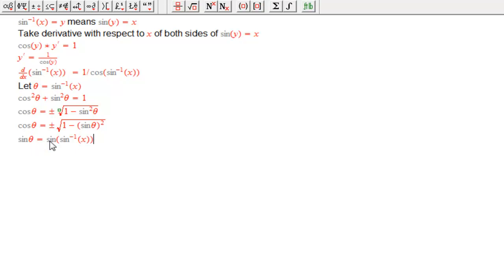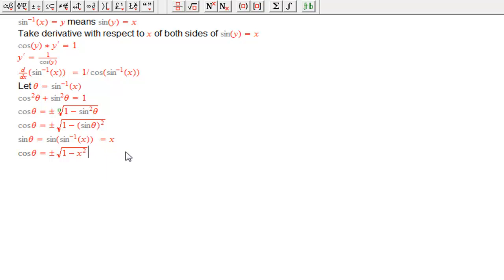So if we take sine of that angle, we get x. And things simplify really nicely. And I have this formula. Cosine of theta is just equal to plus or minus the square root of 1 minus x squared.